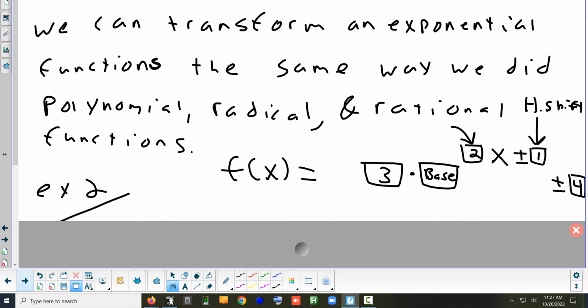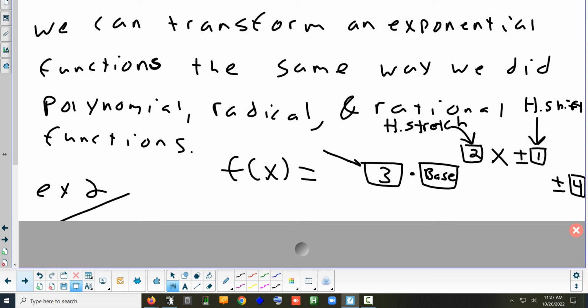Yep? Is it a horizontal stretch? So that's your horizontal stretch. As I've said many times, they're backwards. So plus would shift you to the left, negative would shift you to the right. The bigger the number you put in front of x, the more of a compression you get. The smaller a number you put in front of x, the more of a stretch you do.